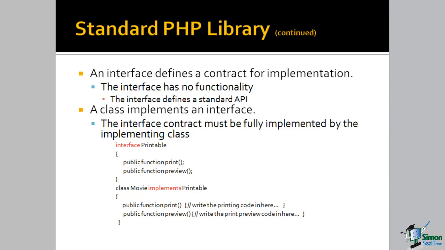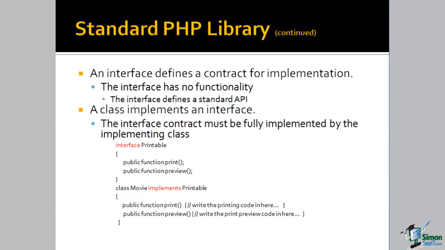So in this example, I've defined an interface called printable. In that interface, I've said any class that implements this interface must provide the functionality for these two functions, print and preview.